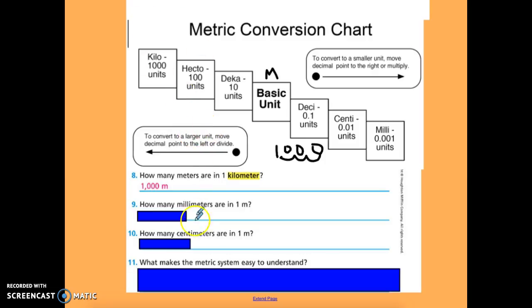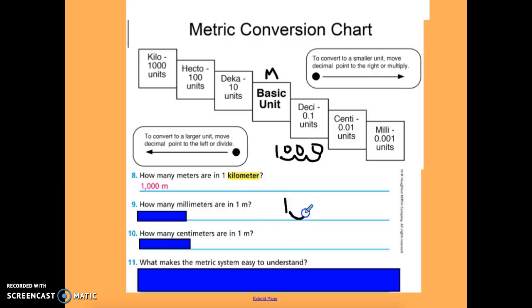Okay, let's try another one. Let's try this one. It says, how many millimeters are in 1 meter? So I find my meter is my middle one. I only have 1 millimeter, and I want to know millimeters. So way down here. So I'm going to count my steps. 1, 2, 3. So remember my decimal point, if I'm at a whole number, is right here.